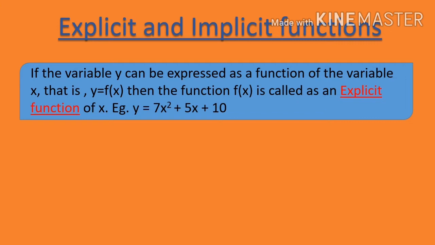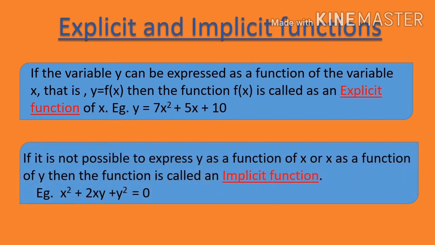Now you can see that variable y is expressed in terms of variable x alone. Isn't it? There is no other variable in this. So such a function, when you can express it in terms of some other variable alone, is called an explicit function.